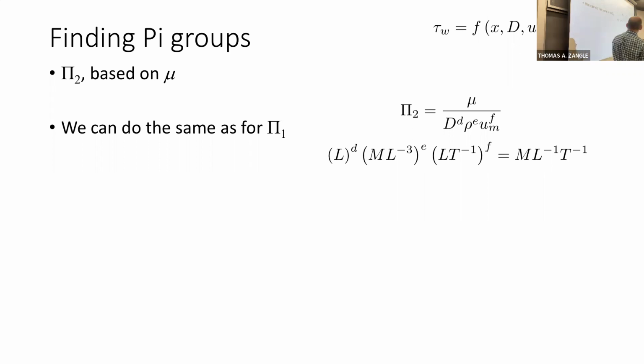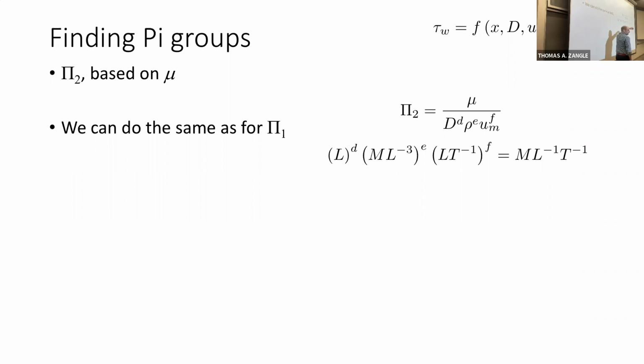So in this case, if we have mu, rho, u, and d, certainly by the end of this class, I'd hope you start recognizing Reynolds number. If D is 1, E is 1, and F is 1, then this is just 1 over Reynolds number. Reynolds number is rho u times a length scale over viscosity.